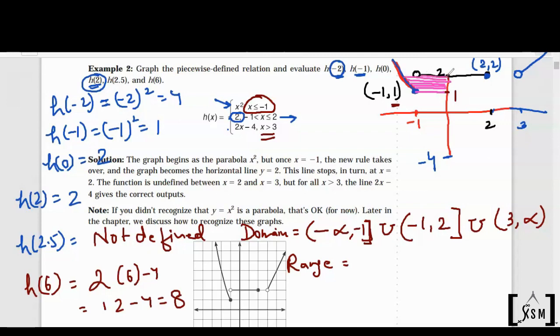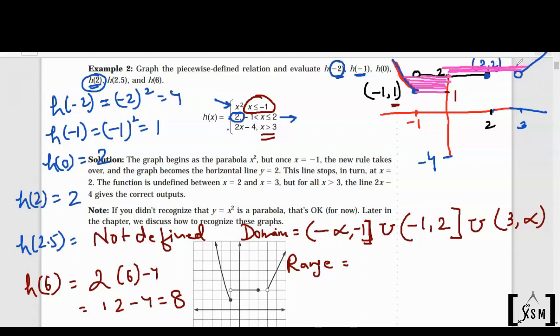And at 2 also it is defined because this is the straight line, so y equal to 2 is also possible. Is more than 2 possible? Yes, more than 2 is possible by this graph, by the third function. It will define all the y values which are more than 2.